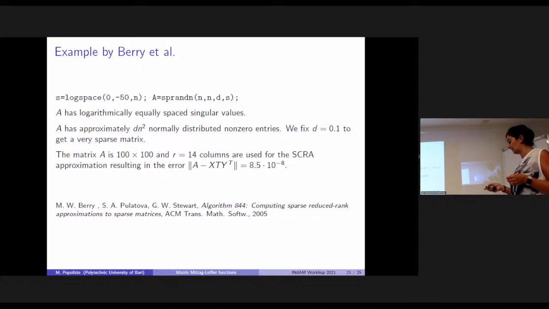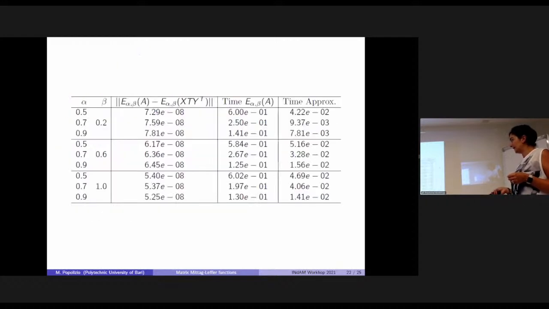this good accuracy. And so here, for different values of alpha and beta, we have the error in the approximation, and as before, here actually we computed the Mittag-Leffler function of the Z term that was in the theorem, and we have a comparison between the computational time.